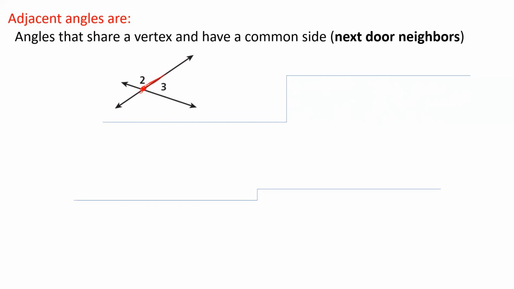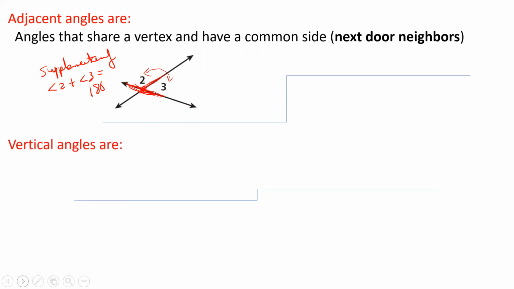Angles 2 and 3 together make this nice straight line, so these adjacent angles happen to be supplementary, because angle 2 plus angle 3 is 180 degrees. Okay, so adjacent angles are next door neighbors.